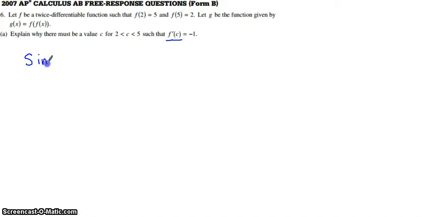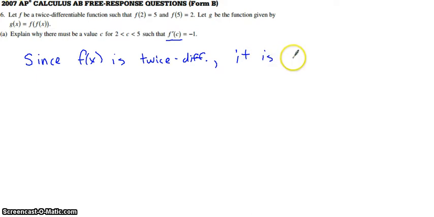Since f of x is twice differentiable, I'm just going to abbreviate that, I don't want to write that whole word out. Since f of x is twice differentiable, it is both continuous and differentiable.